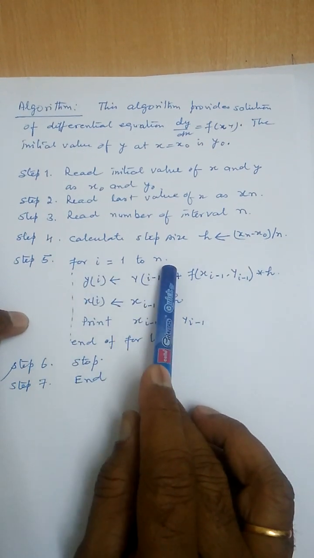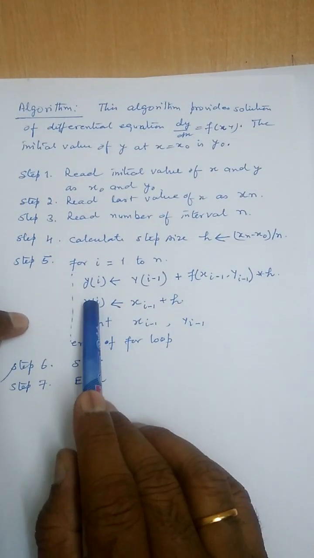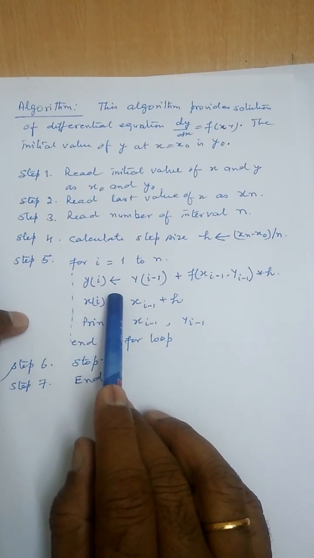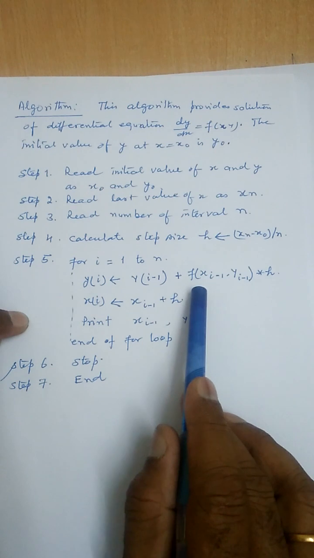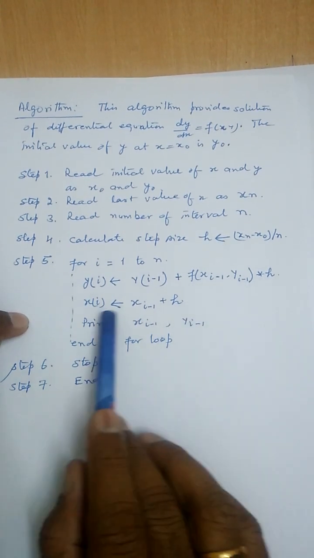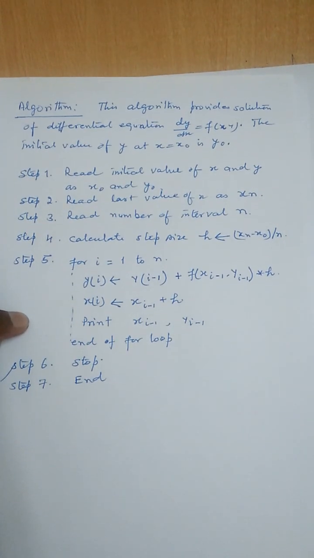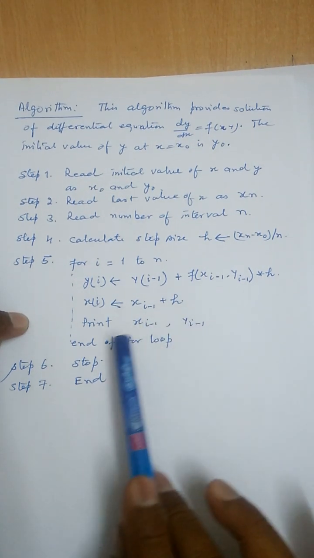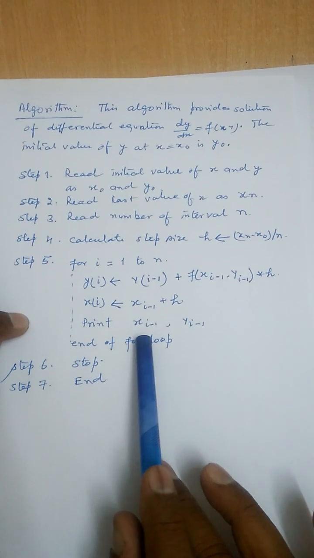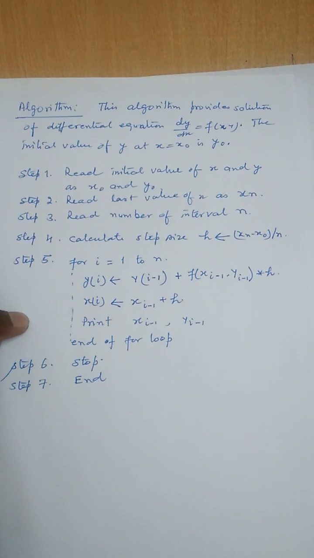For i equal to 1 to n, corresponding to the ith point, we can write the formula yi is equal to yi minus 1 plus the function at the (i minus 1)th point times h. Now, xi is to be updated, meaning move one step ahead, so it will be xi minus 1 plus h. Now, when we print xi minus 1, yi minus 1, we find information about different values.